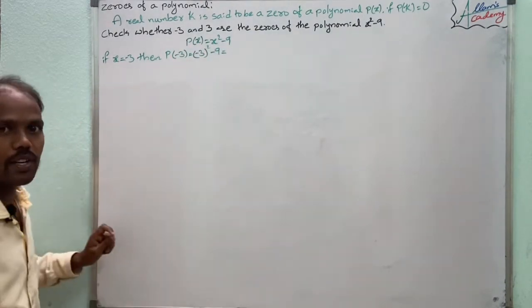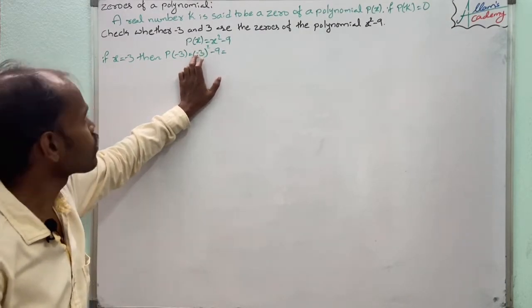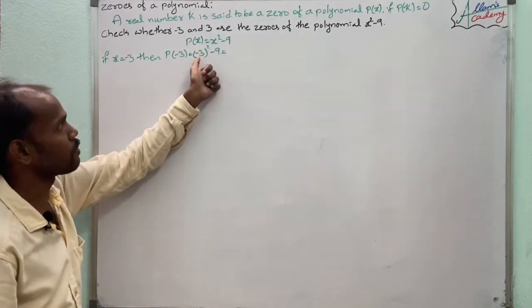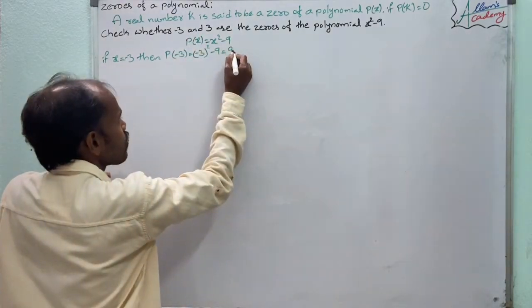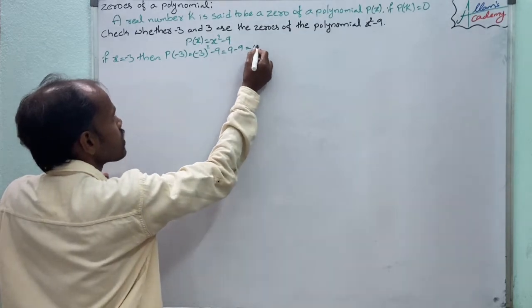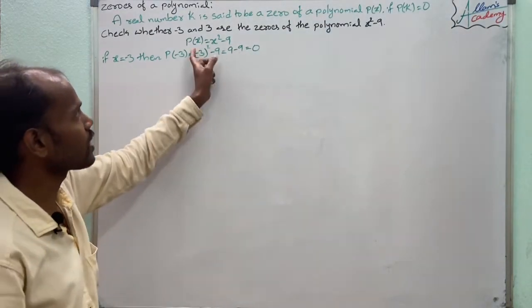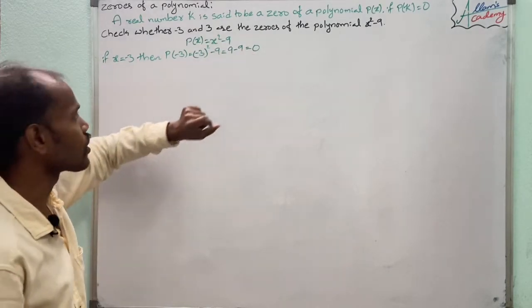The exponent is an even number, so the negative becomes positive. 3 square equal to 3 threes are 9. So 9 minus 9, 9 minus 9 means 0. So here we get the value of the polynomial is 0.